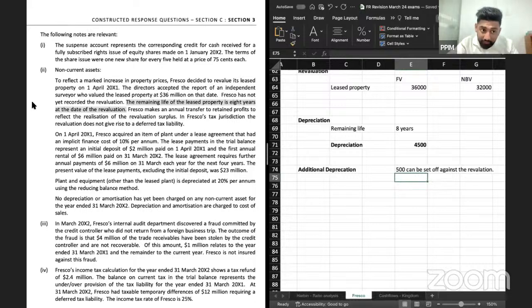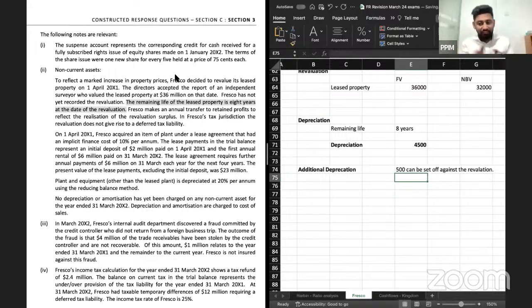Take a minute, everybody, and read that adjustment again. Do you understand the adjustment?